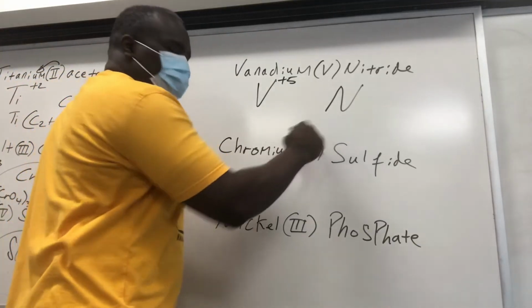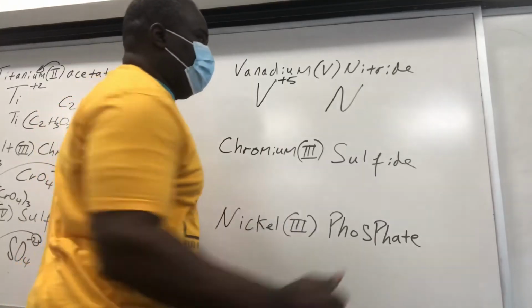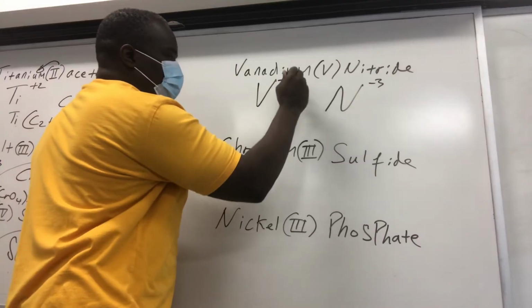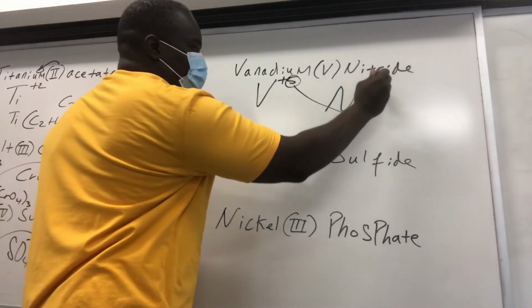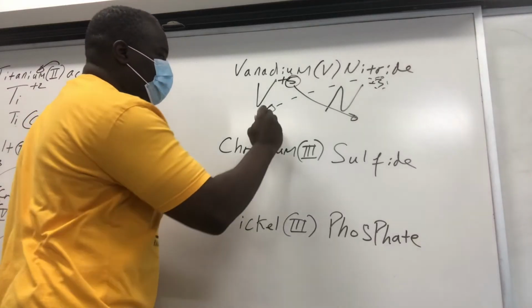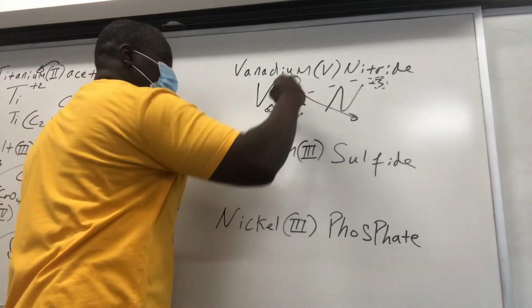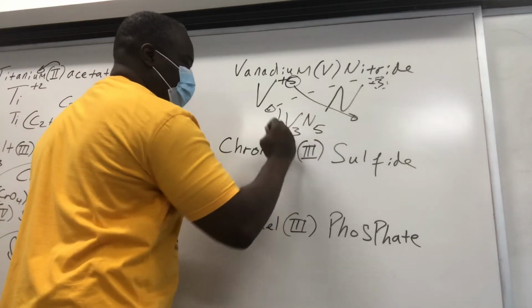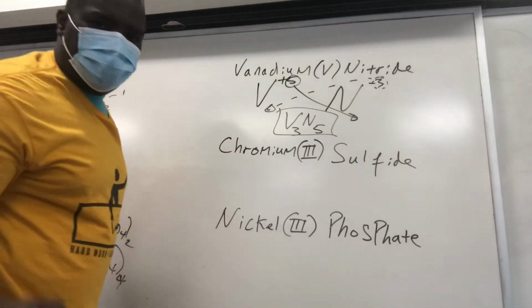The nitrogen, top number, -3, right? Bam. The 5 goes to the N subscript. The 3 goes to the V. Bam. So what's my final answer going to be? V3N5. Bam. And you're done.